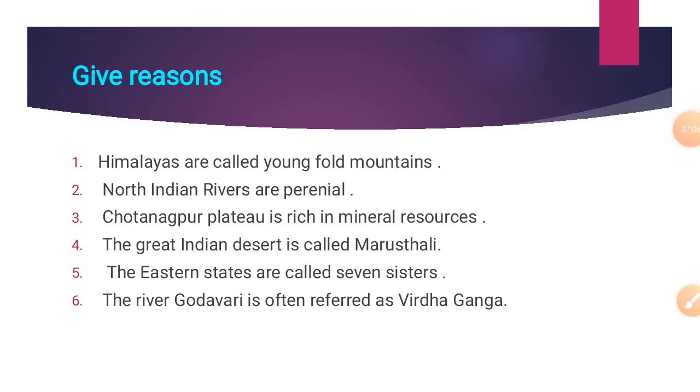The next question is, Chota Nagpur Plateau is rich in minerals. Why it is rich in minerals means the river Damodar flows in this plateau, so the alluvium makes that plateau rich in minerals. The next is, the Great Indian Desert is called Marusthali. The Indian desert is also called the Thar Desert. Marusthali means it is an arid region. That's why it is called Marusthali.